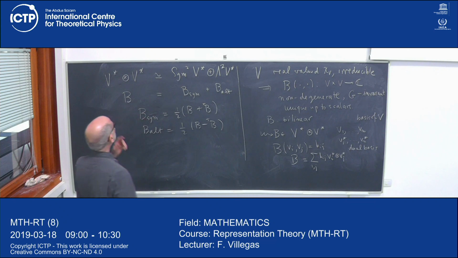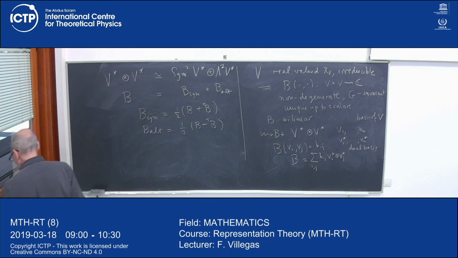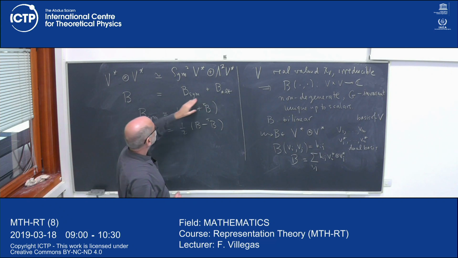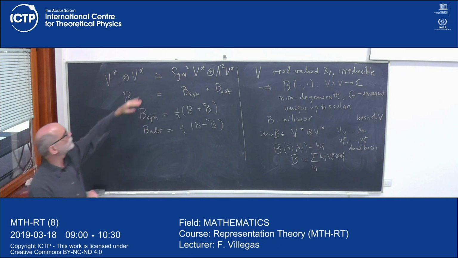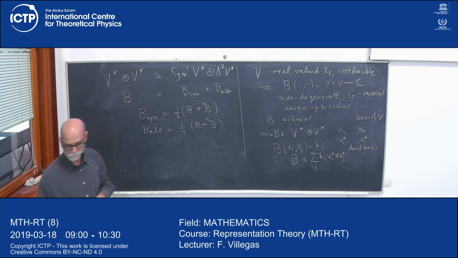Now, the point is that B is unique up to scalars. So if you decompose it in this form, because these are G representations, each one of these is G invariant.